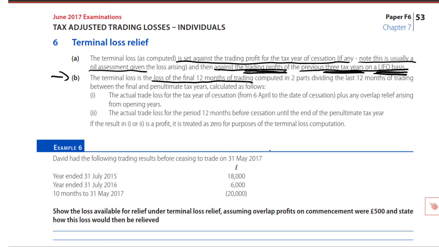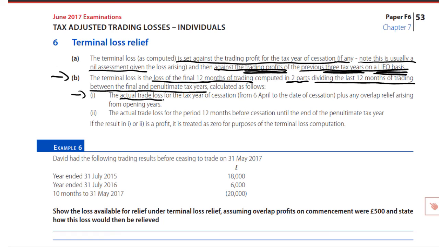So the last 12 months of trading will cover however many months of the final tax year in which you have traded, plus the balance of the last 12 months that fall back in the penultimate year. And that's important because we've now got to do this calculation in 2 parts, dividing that last 12 months of trading between how much of it is in the final tax year and how much of it is in the penultimate tax year. So the calculation in 2 parts.